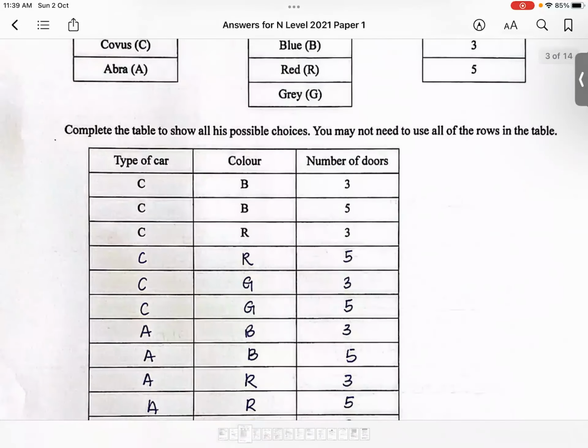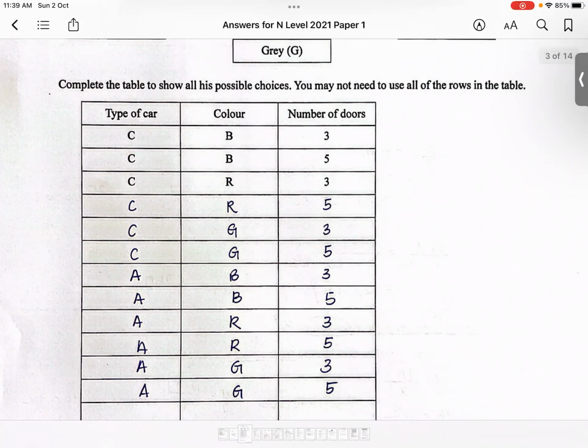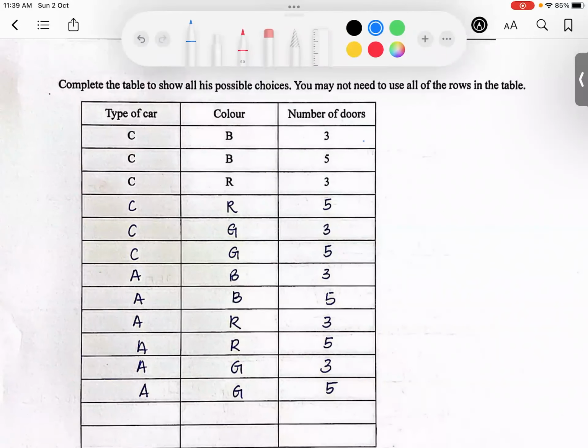If the question were to extend and ask you to find the probability of certain cases, what do you need to do? You just need to count the total number of cases that's available here. 1, 2, 3, 4, 5, 6, 7, 8, 9, 10, 11, 12. So the denominator would automatically be 12. Then you count the number of favorable cases.